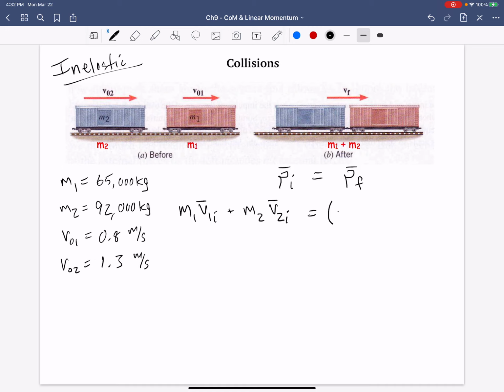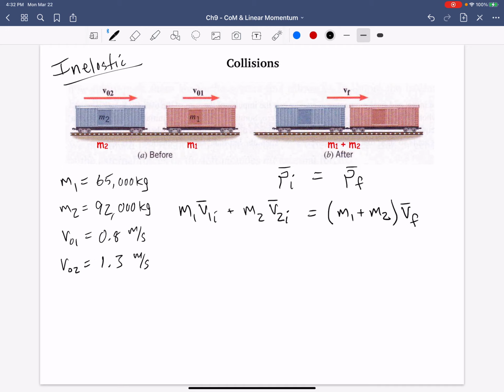However, we have a total mass, since they're moving as one object now. And so now we effectively have the total mass times the final velocity. That's it. Okay? Now, because they stick together, that means that kinetic energy is not conserved.